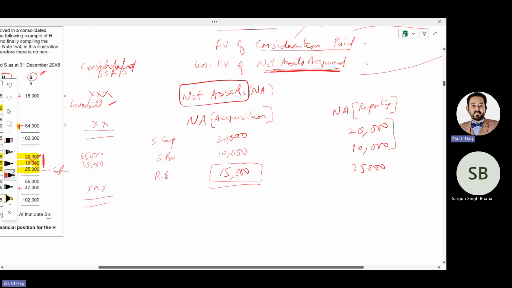So the total of these three will be called net assets. How much at the acquisition date? 20 plus 10, 30, plus 15, 45,000. How much at reporting date? 20 plus 10, 30, plus 25, 55,000. So why is there a difference? How much is the difference? 10,000. This 10,000 is the profit earned during the year.